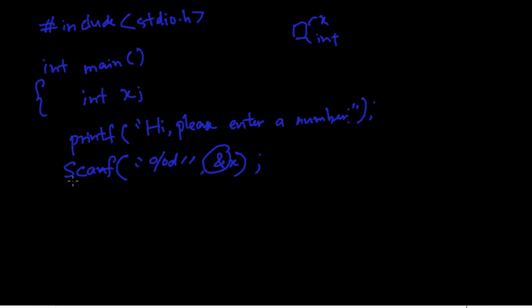So then let's printf. "The number is", now I can't put x over here. If I were to put x over here, the output on the screen would just be x. It won't be the number, which is what the user input.